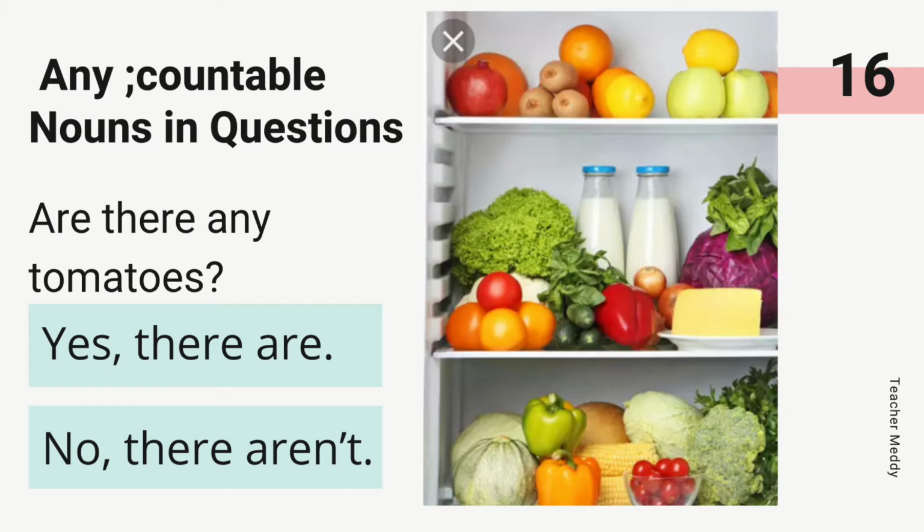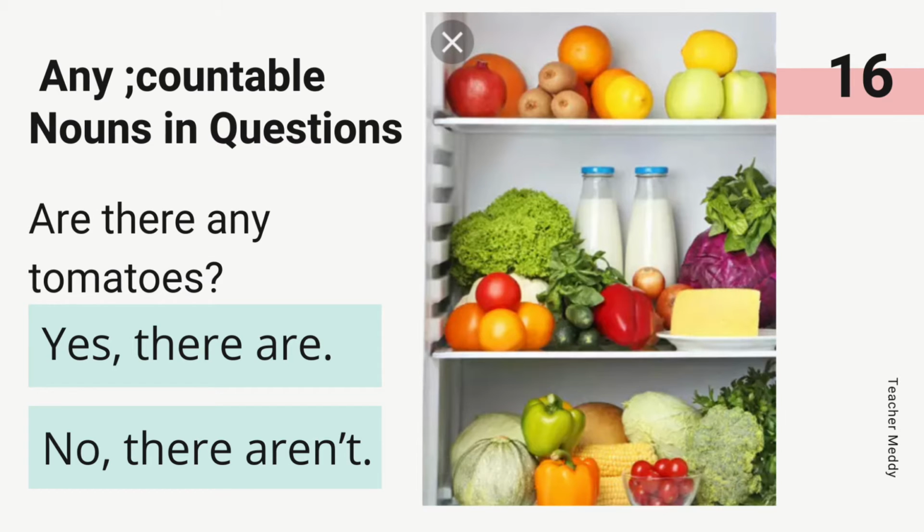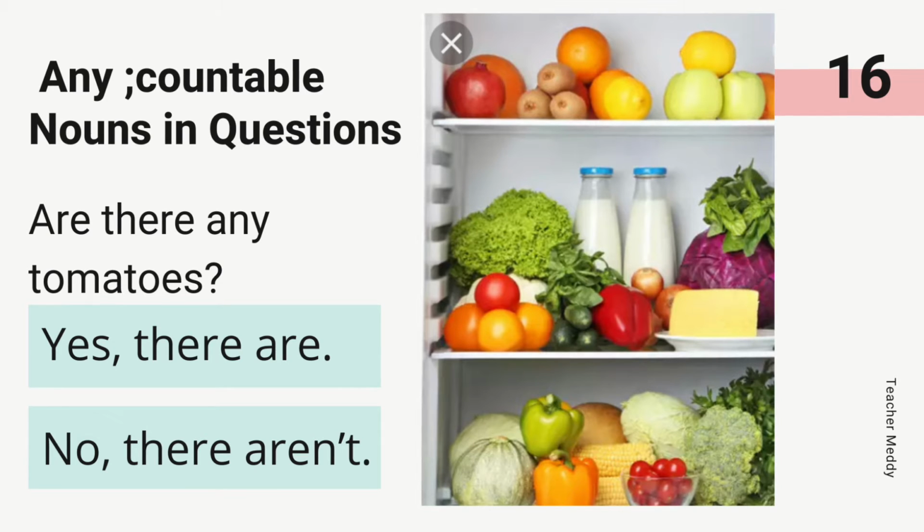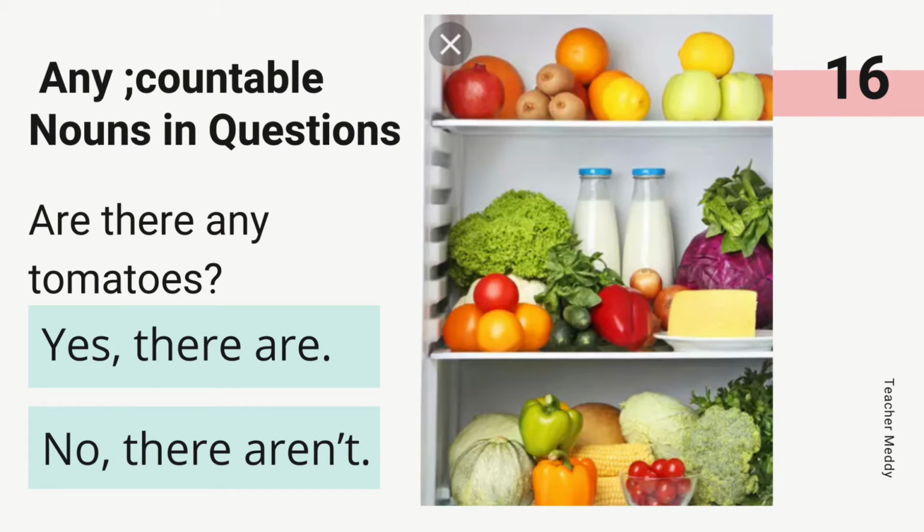Now, countable nouns ialah benda yang kita boleh kira. Jadi, kita kena guna are untuk tanya dan juga jawab soalan. So, are there any tomatoes? Like I said before, when the question starts with are, the answer also must have are.